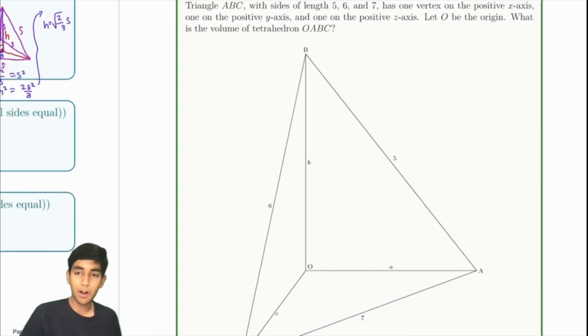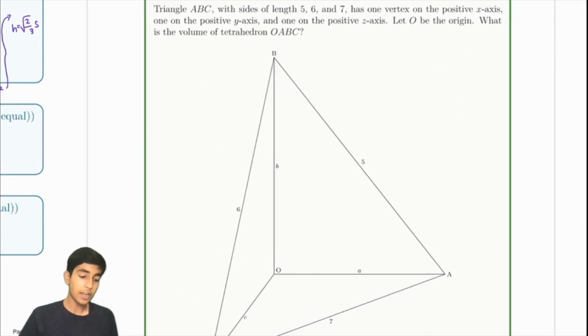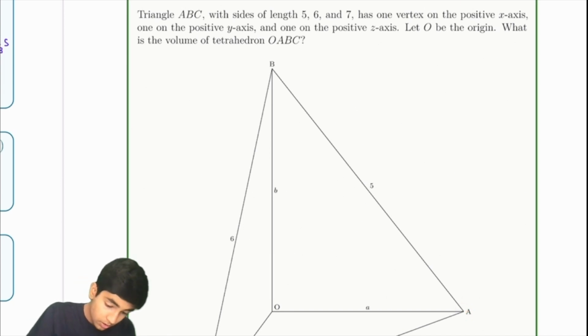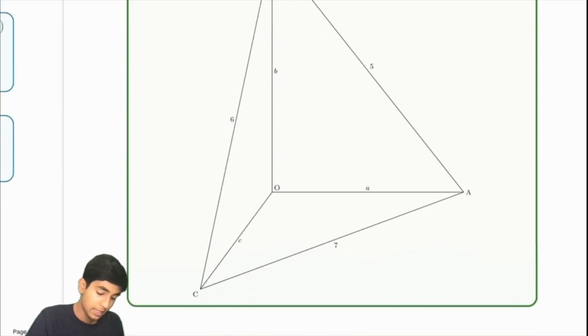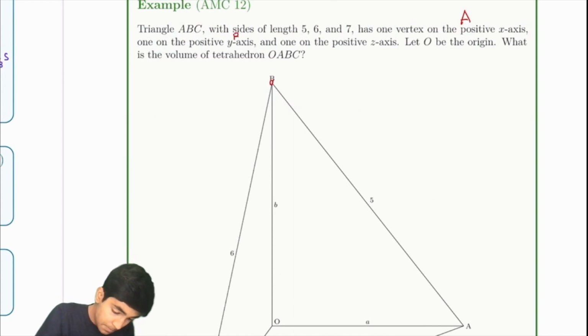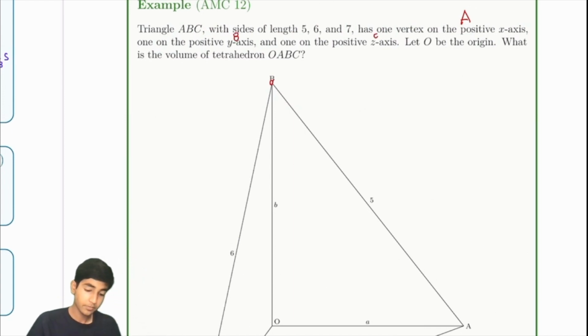Okay, now let's solve a problem that uses this. Triangle ABC with sides 5, 6, and 7 has one vertex on the positive x-axis. Let's say that's A. One vertex on the positive y-axis, B, and one vertex on the positive z-axis, C. So A, B, C. Let O be the origin.